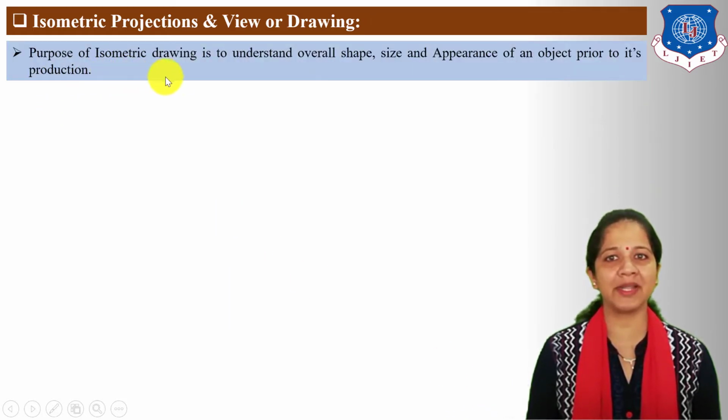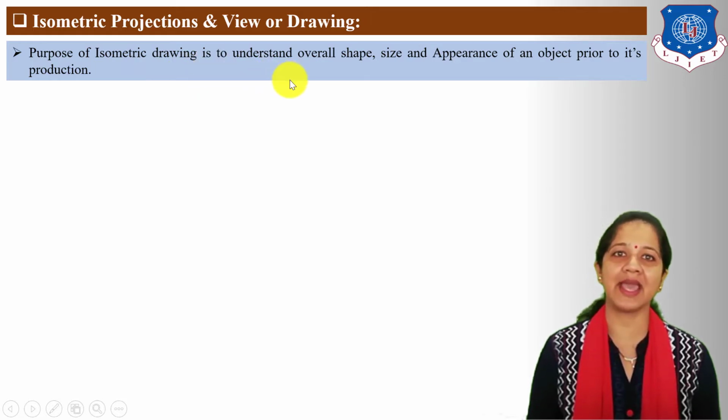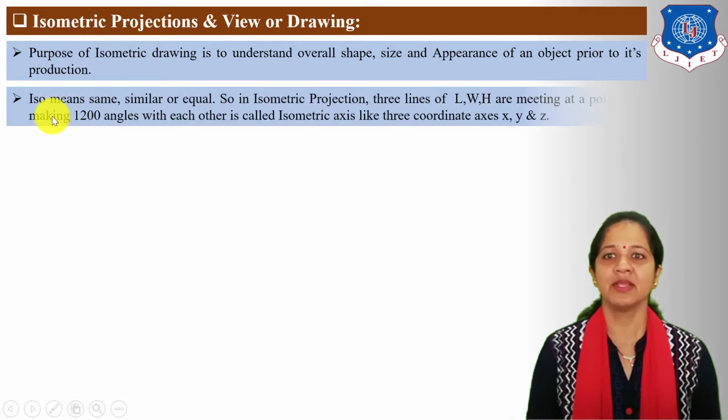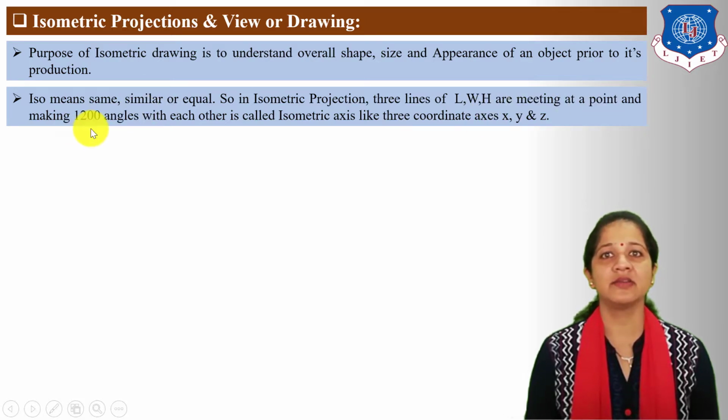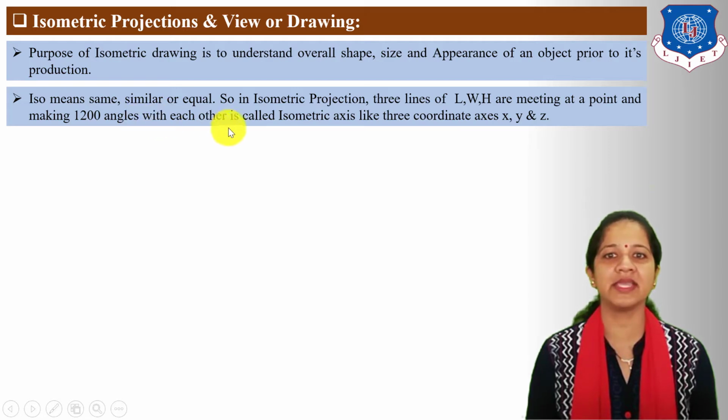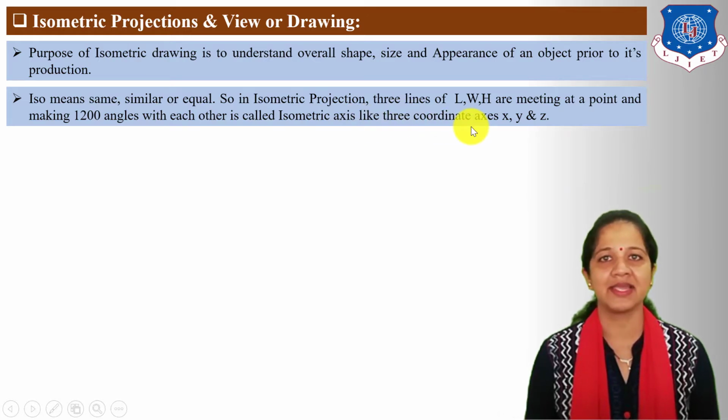The purpose of isometric drawing is to understand overall shape, size and appearance of an object prior to its production. Isometric means same, similar or equal. So, in isometric projection, three lines of length, width and height are meeting at a point and making 120 degree angles with each other, which is called isometric axis, like three coordinate axis x, y and z.